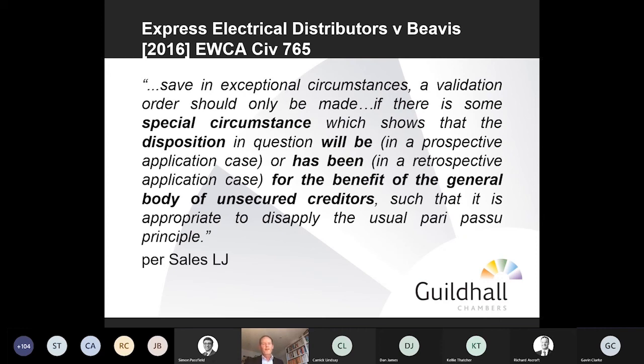So critically, that's now reflected, I think, in the practice direction, which does make it very clear that the court needs to be persuaded that the particular transaction that's being validated, or series of transactions, needs to be for the general benefit of unsecured creditors.